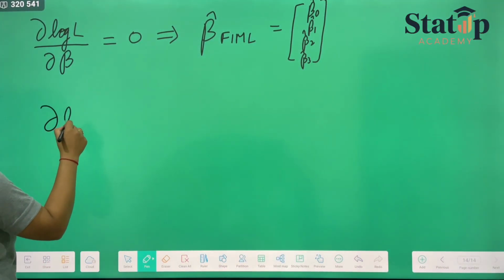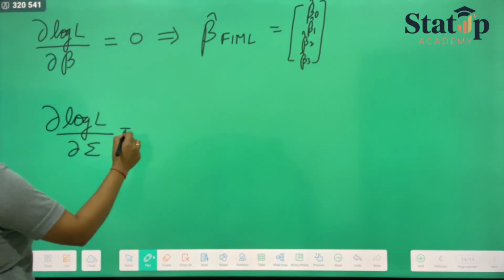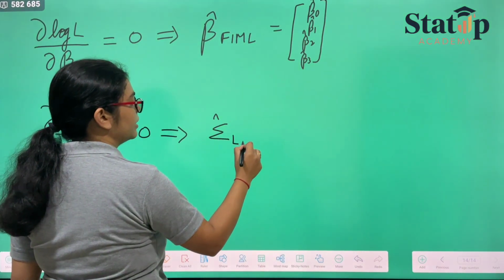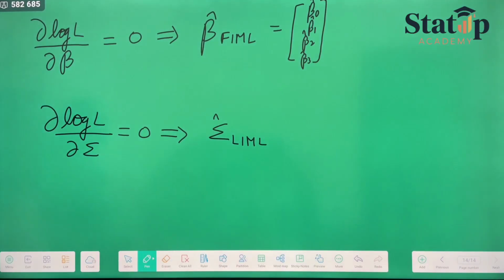And the third one, log L with respect to sigma, we will get sigma cap FIML. These are the three conditions. Now these three are closed form of the equation.